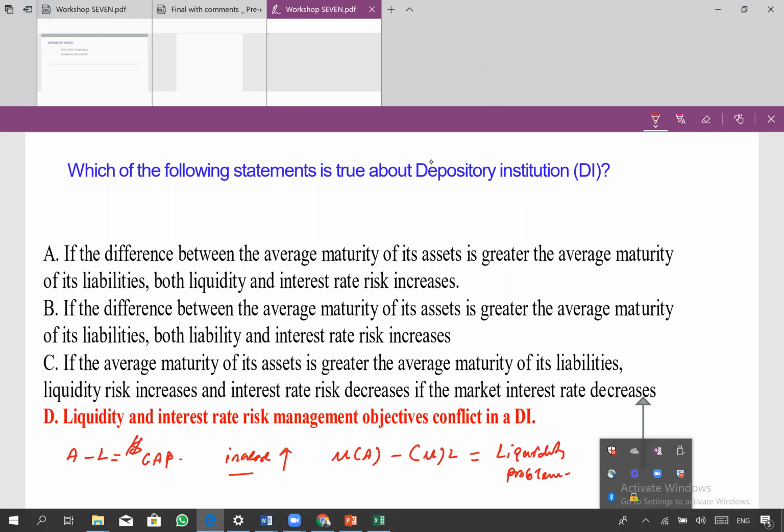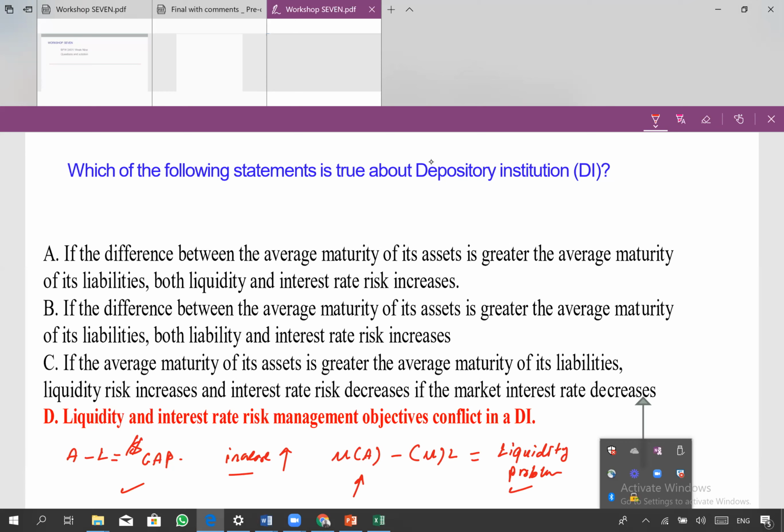If you are talking about liquidity, then if the asset is higher than liabilities, which means you have always money locked up in those long-term assets, and you have a liquidity problem. Now, this question is trying to test your understanding of this issue and this issue.